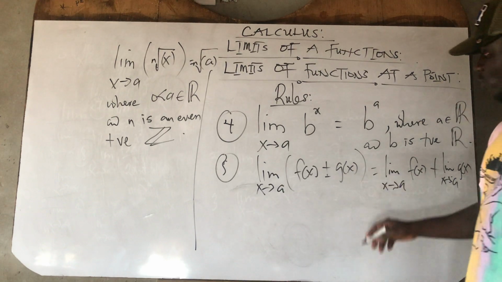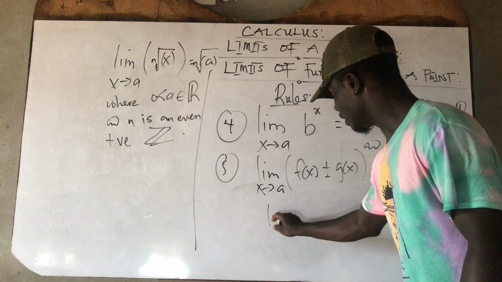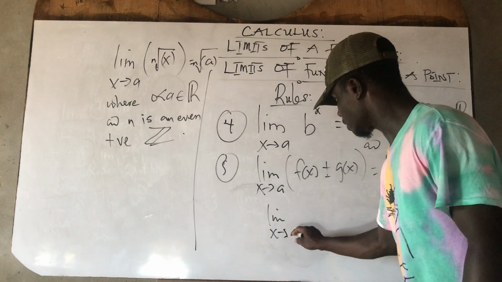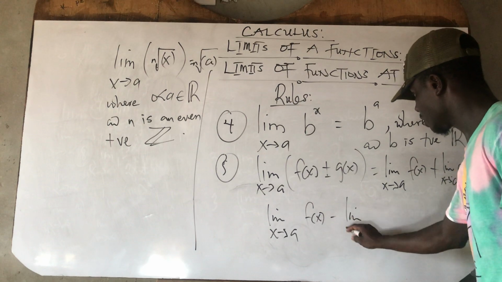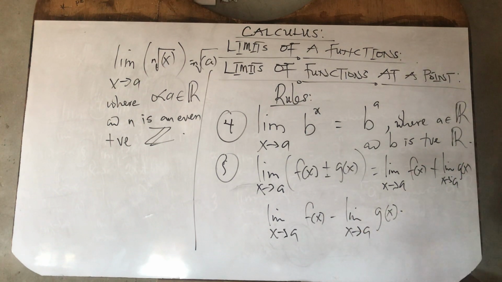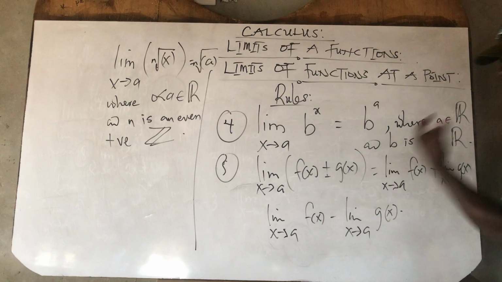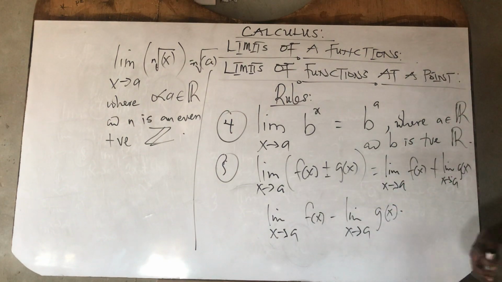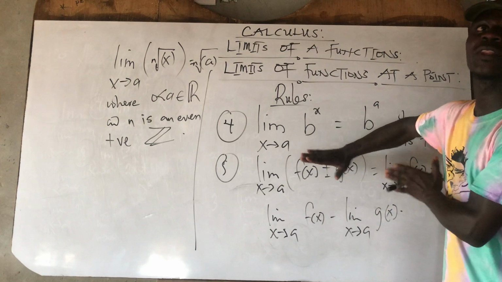Then you do the same for the subtraction sign: the limit as x approaches a of f of x minus the limit as x approaches a of g of x. So it's the same thing we did for x approaches infinity. It's the same thing when we are doing it as x approaches infinity. If and only if that.